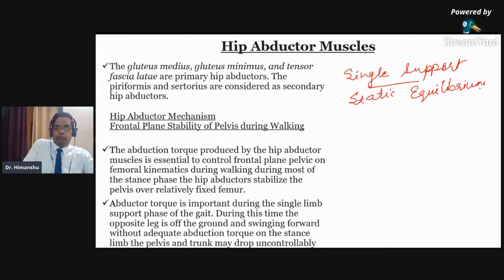Now we know one very important thing. When a person is in static equilibrium, the resultant of all the forces acting on that particular body or segment is zero. So all the forces acting on that area are equal and opposite in nature. So can I say that the internal torque generated by your gluteus medius is equal to the external torque? Easy to understand.